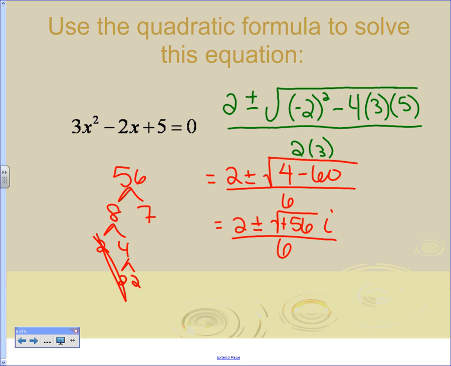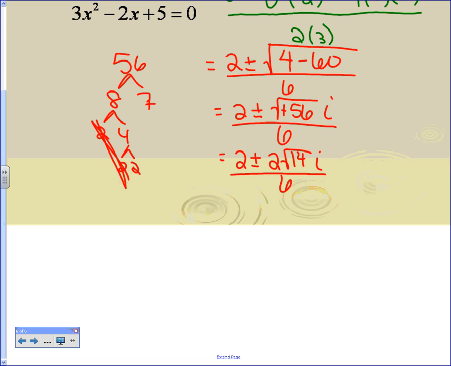A set of 2's, and what do you have left over? Do we leave it like that? 2, 2, and 6 will divide by. So 2 divided by 2 is plus or minus.